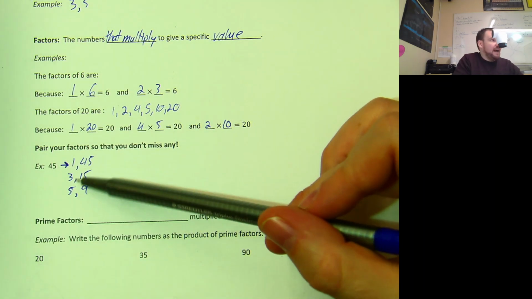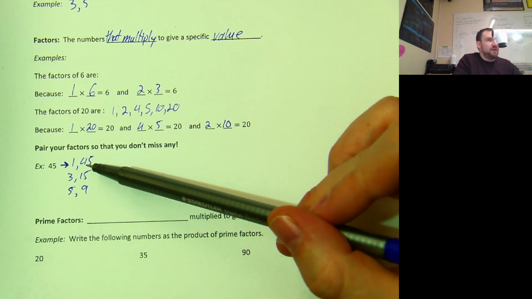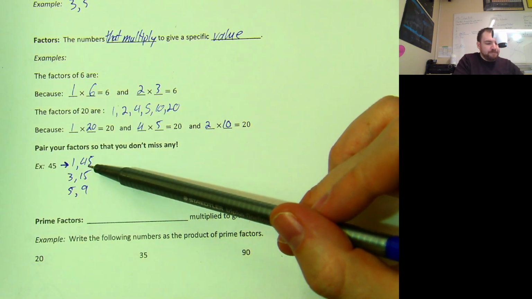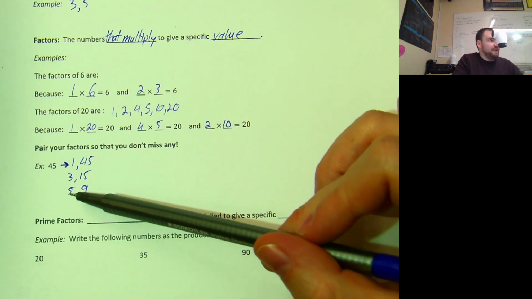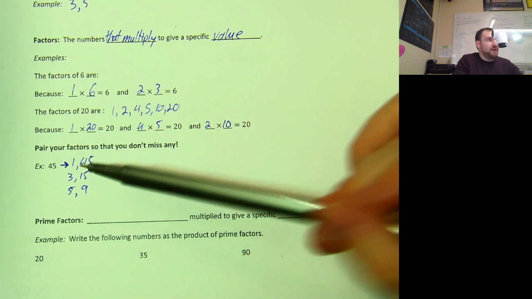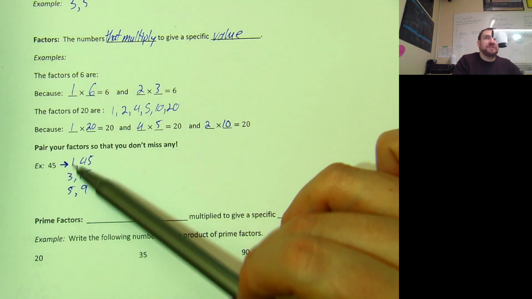We've got 1, 3, and 5. There's no 2, there's no 4, because 45 is odd. Down here, we've got 5 and 9. There's nothing between 5 and 9 that multiplies into 45, so we've got them all. We've met in the middle, and we've got all the small ones.